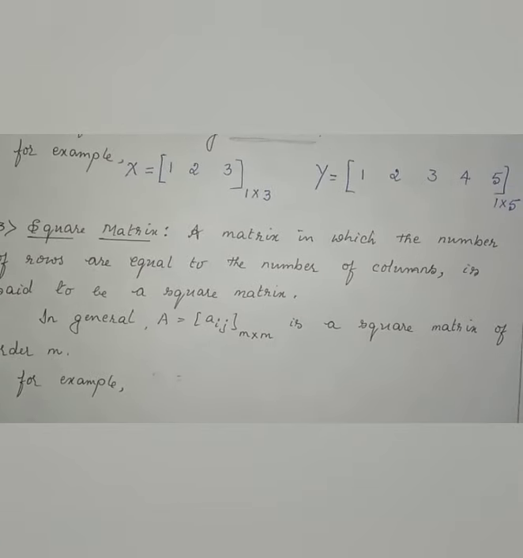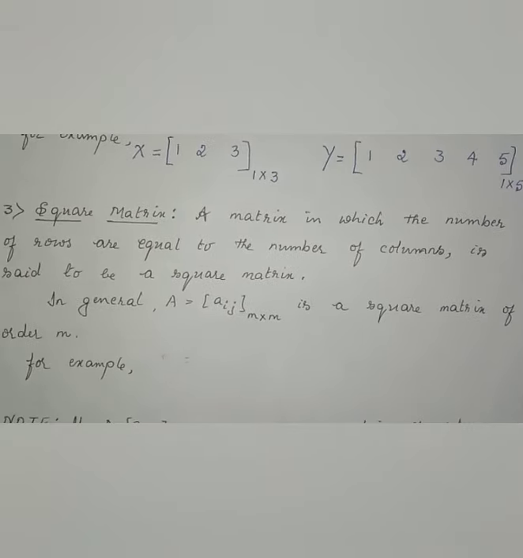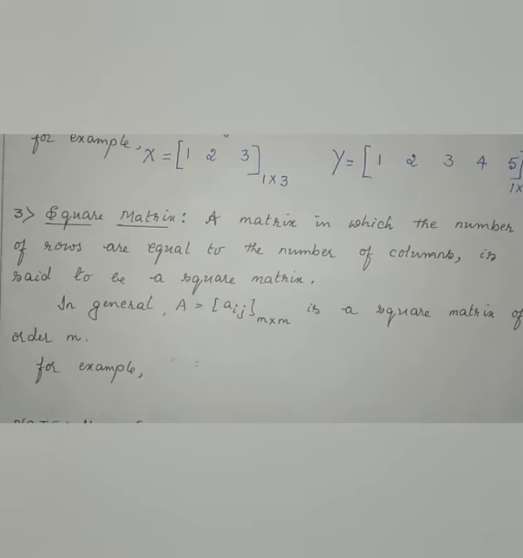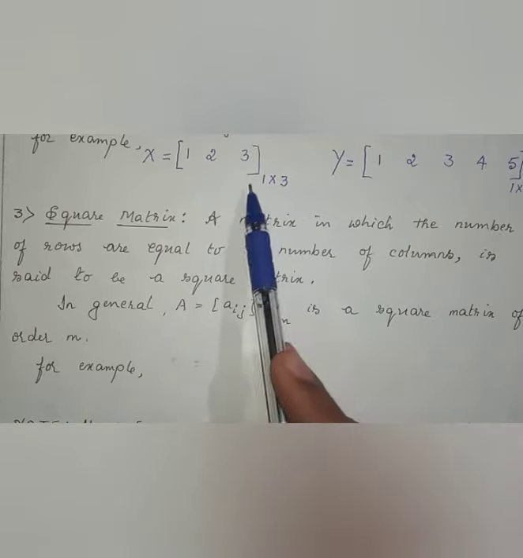Next, we define the square matrix. You know what you mean by square? If all sides are equal, then we say that the shape is a square. Here, not the shape, we deal with the order of the matrix.